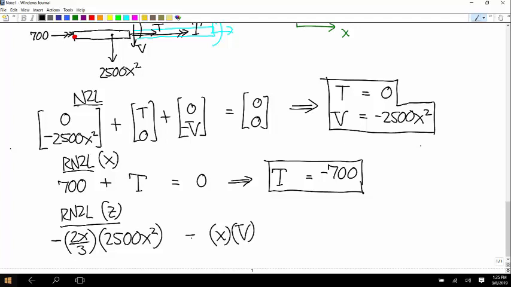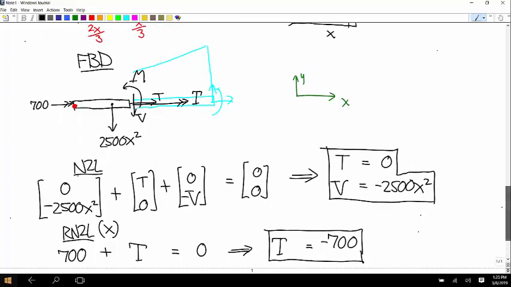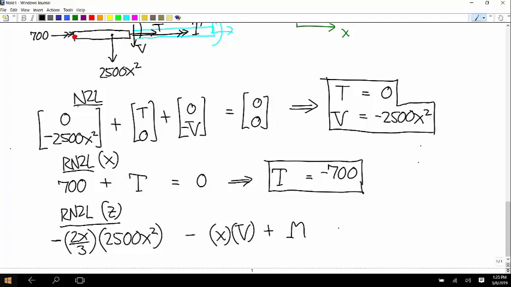Clockwise, so that's also negative. And then we have a couple, the bending moment, and nothing else produces moments about the Z-axis. That tension, its line of action goes right through the about point, so that doesn't. And so all this is equal to 0.